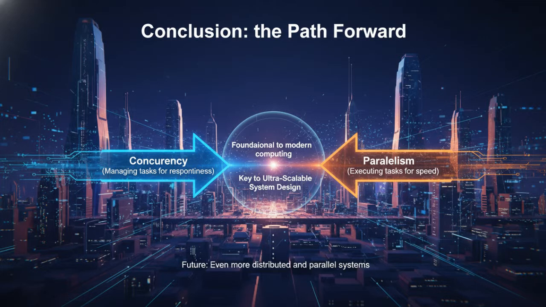Both are foundational to modern computing and crucial for building robust, scalable, and high-performance systems. As technology continues to evolve, with more cores, distributed architectures, and specialized hardware, the future promises even more intricate distributed and parallel systems. Understanding these concepts empowers us to design and interact with the next generation of technological innovations.